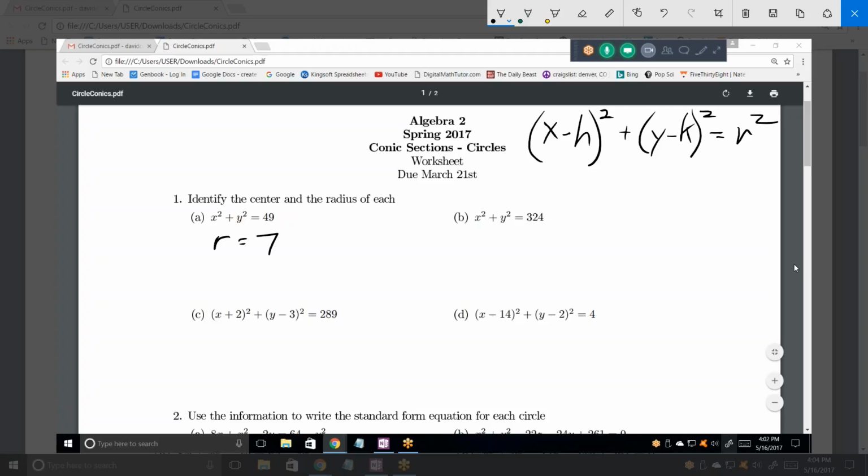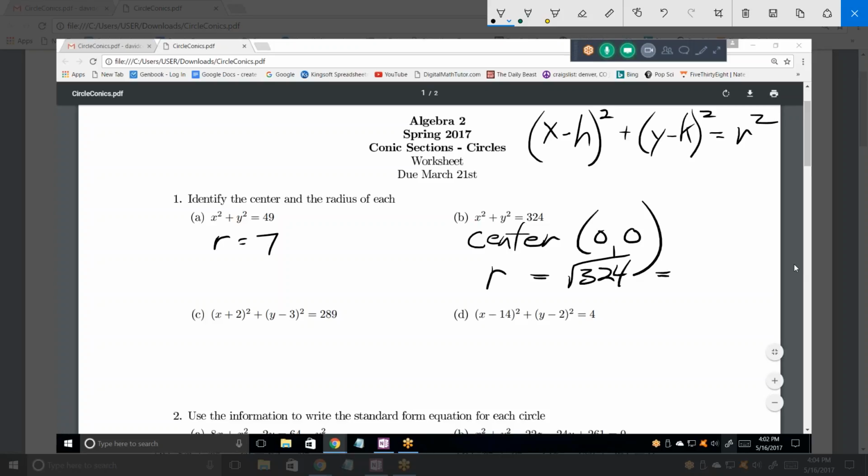Okay. How about this one over here, B? Center, again, is the origin. The radius is the square root of 324, which I'm not sure of offhand, but I could do it on the calculator if you'd like.